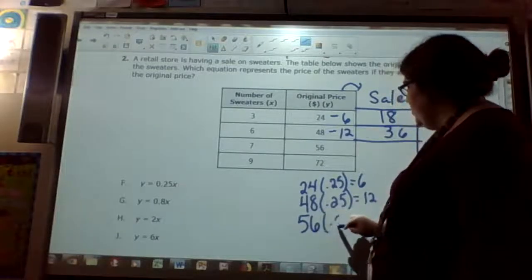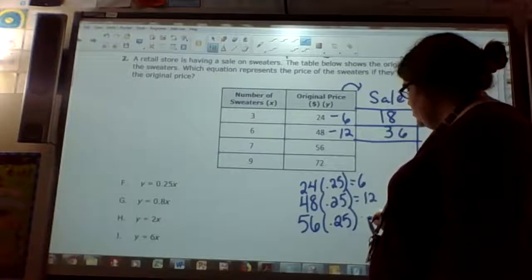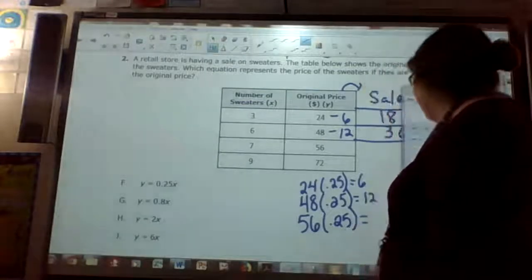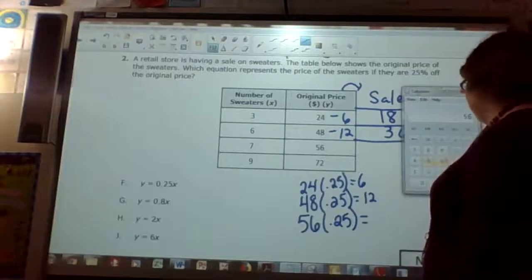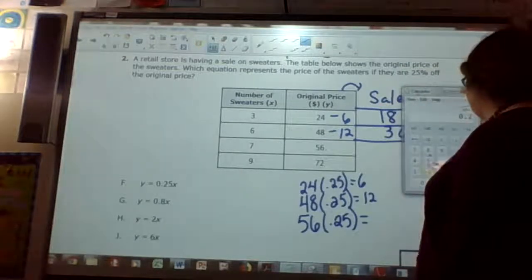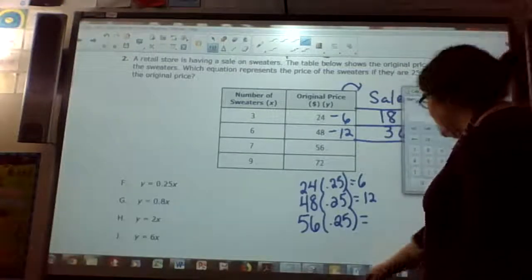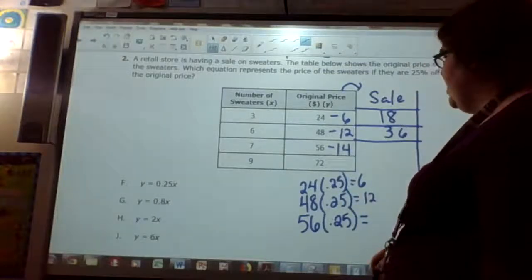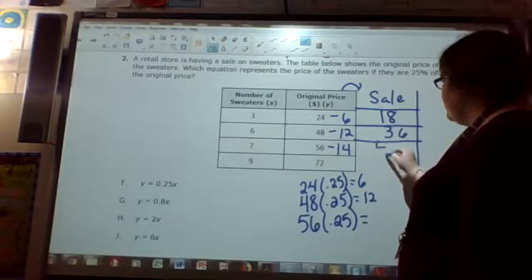56 times 0.25 equals, and this is where it gets tough, so I need to go to my calculator. 56 times 0.25, $14 off, which would give me 42.